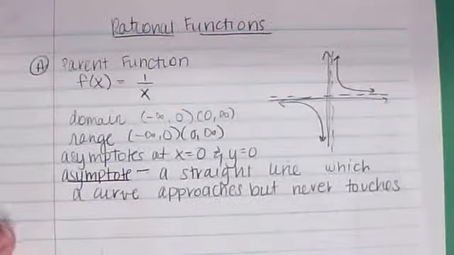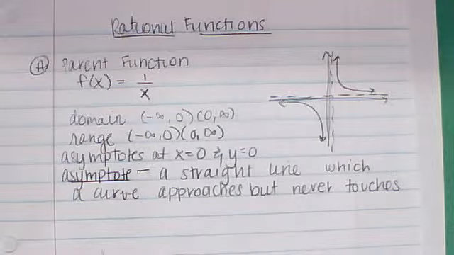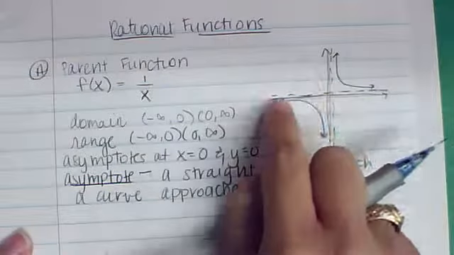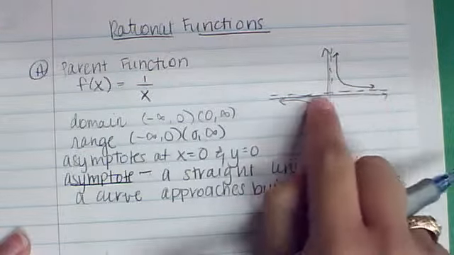And the reason that that's important is because we're going to use these asymptotes to do our transformations. This is a general definition of an asymptote. Eventually we might have some that cross and that are not straight lines but curves, so we'll get into that more later. For now, this is the definition that I want you to think of when you think of asymptotes. Those are just these imaginary dotted lines that the graph never touches.